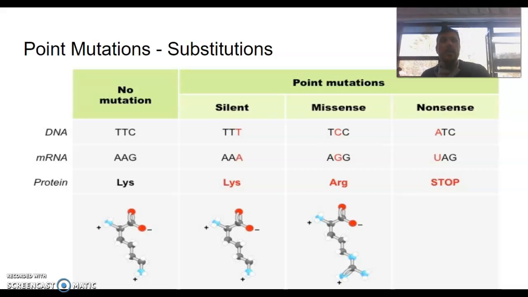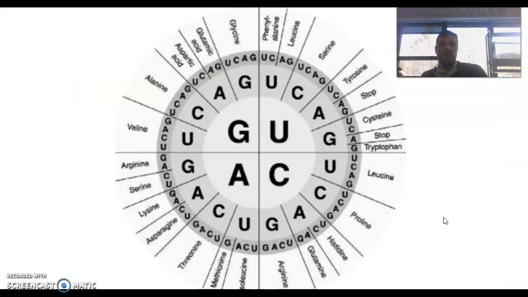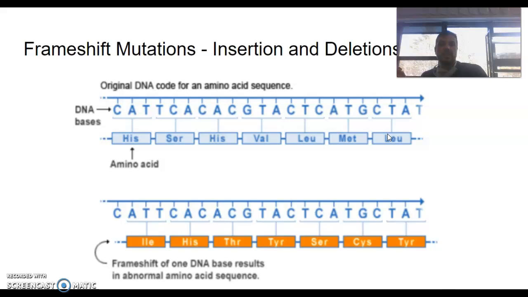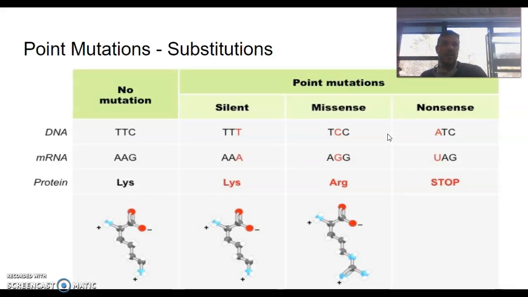The third type that I want to talk about are nonsense mutations, and that is any time that you throw in a stop codon. If we jump up to the wheel, you'll see that in a couple of different places there are stop codons. Anytime you throw a stop codon in, it's going to stop the translation of the protein at the ribosomal level.